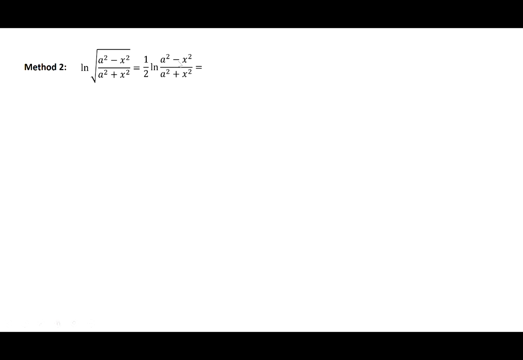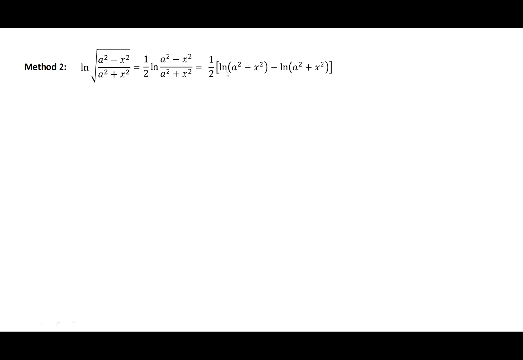1/2 natural log of a square minus x square over a square plus x square. Cool. Well, what's the big deal? Why did you do that, man? Now check this out. We can recognize that natural log of p over q is natural log of p minus natural log of q.